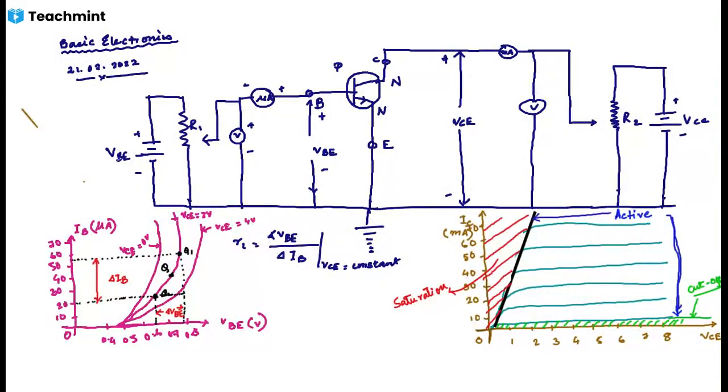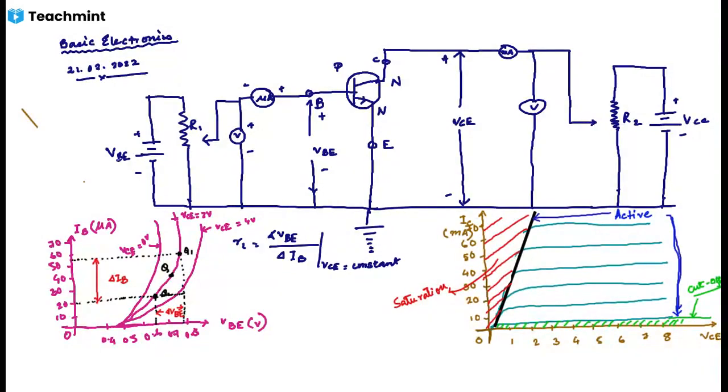Output characteristics in CE configuration can be plotted with the help of the circuit arrangement shown above. They relate output current IC to the collector to emitter voltage for different values of input current, that is IB. From the output characteristics, we can draw a few points.